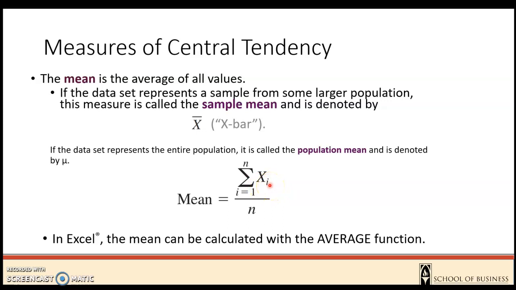I is the indexing, so X runs from I equals 1 to N, N being the number of points in our data set, and we add all of that together and divide it by the number of instances we have, which will give us the mean. So in Excel, we can easily calculate the mean. We just use a function called AVERAGE. We select the data cells, we're good.